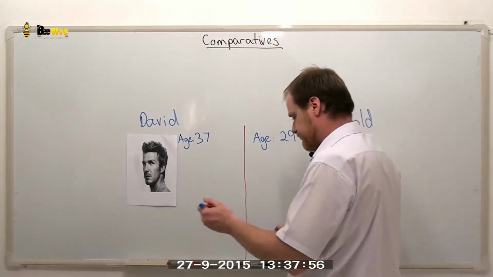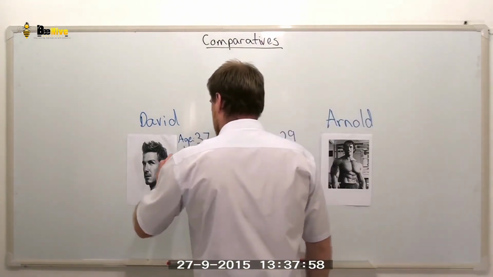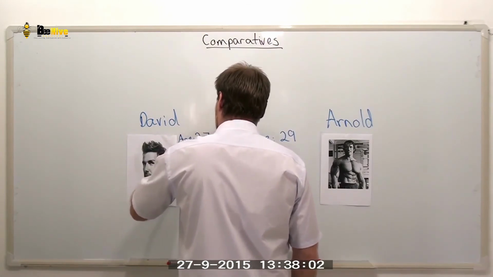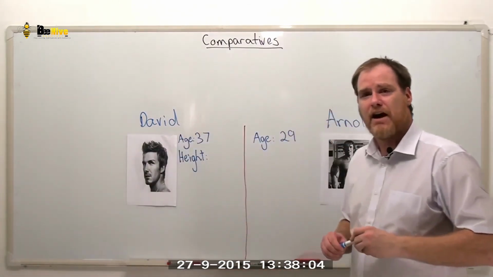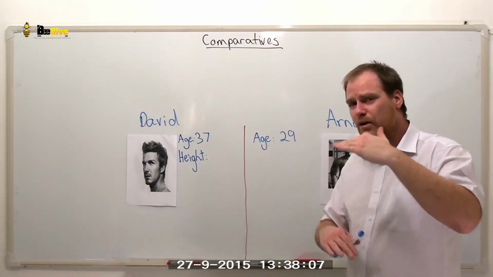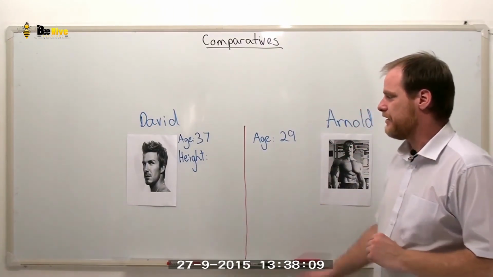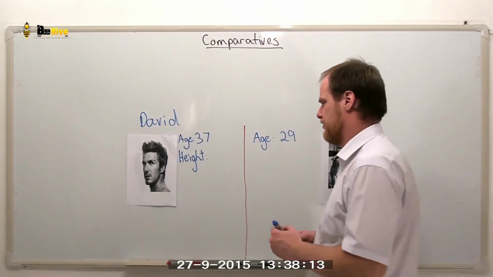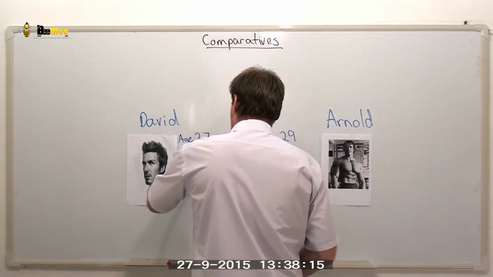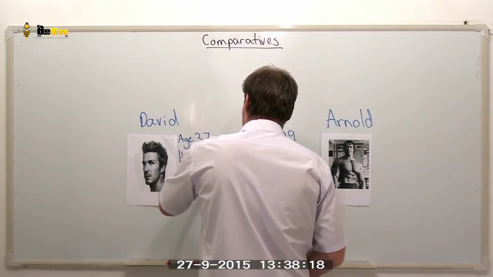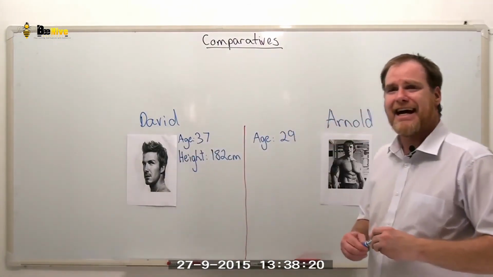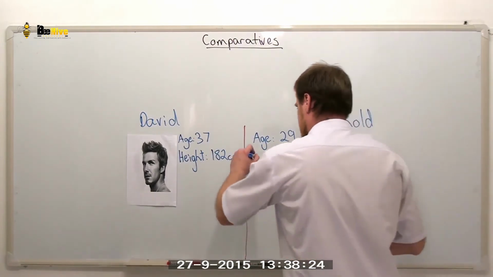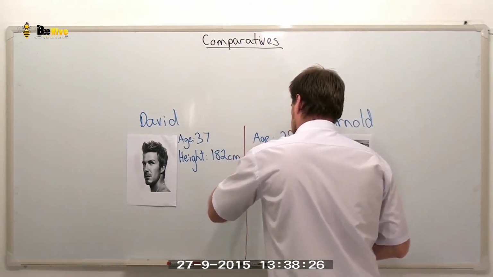So let's go to our second piece of information. All right? So next we're going to have a look at height. Okay? So this means how tall is that person? Okay? So David Beckham is actually fairly tall, but he's not very tall. So David Beckham is 182 centimeters tall. But Arnold is a little bit taller.